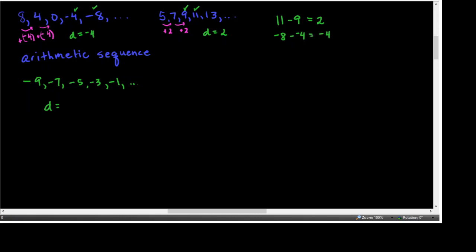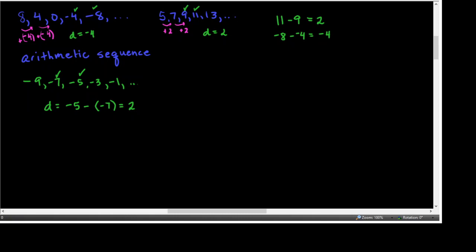You can't pick the first one, but pick any of them except for the first one and subtract from it the one right before it. So I'm going to pick -5 minus -7, which is the same thing as -5 plus 7, which is 2. Okay, and again, it doesn't matter which pair we pick, we would have got the same result.